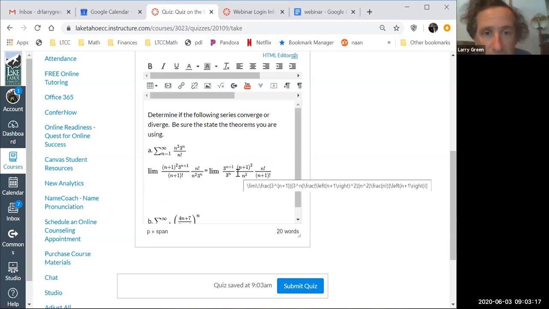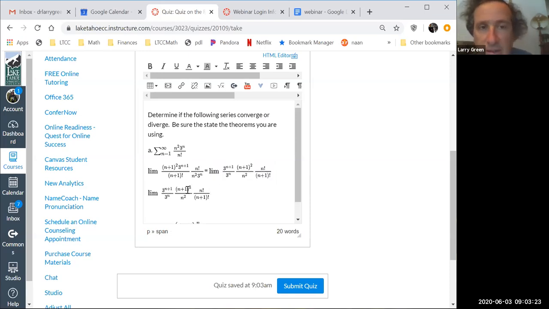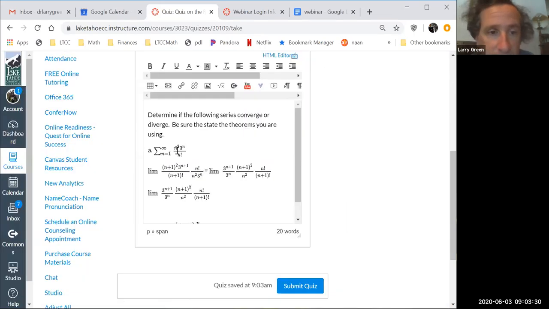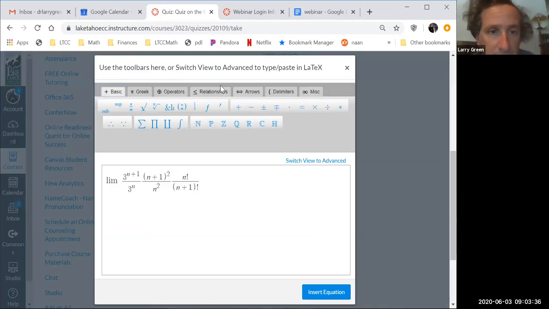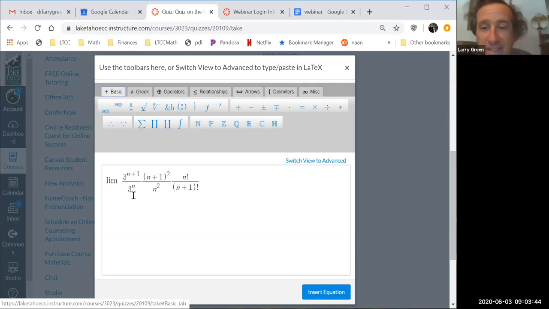Okay, now what we can do is we can do some canceling. That was the whole point of rearranging. So what is 3 to the n plus 1 over 3 to the n? 3 to the power 1. Yeah, or how about just 3?